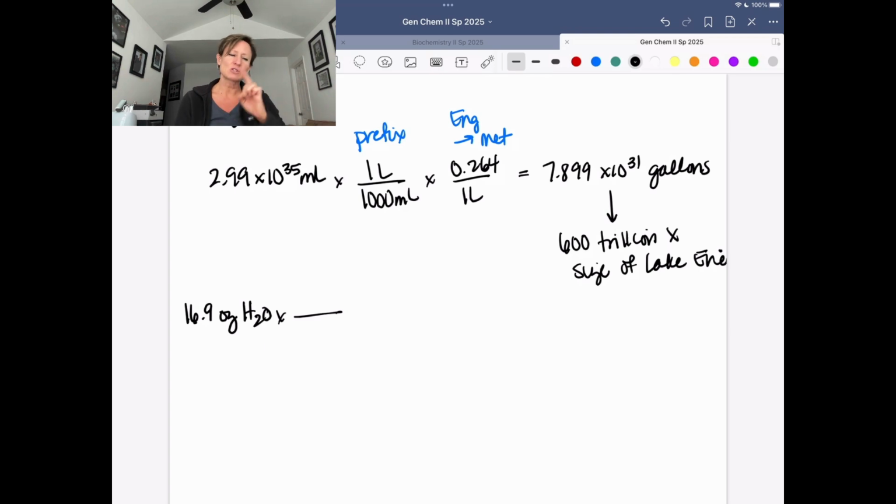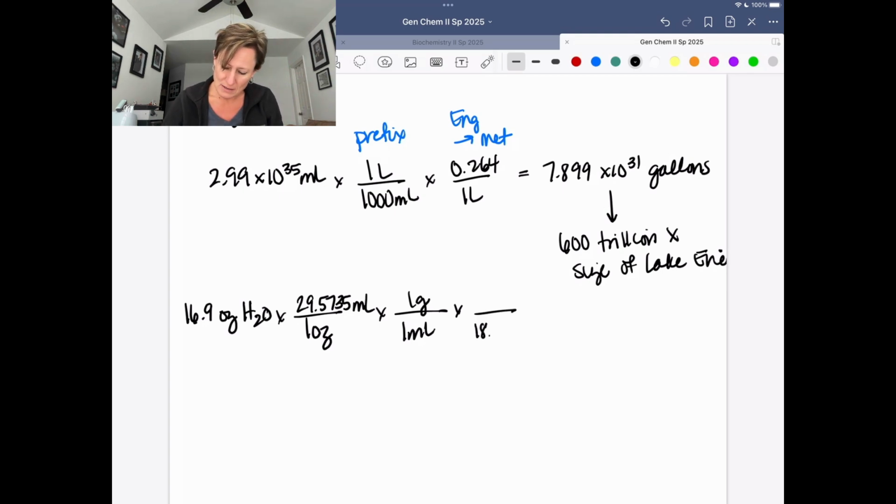I need to convert ounces to milliliters, so that's one of those English to metric conversions. 29.5735 milliliters. Now I'm going to use that same density conversion: a milliliter is a gram. Now I'm going to use a molecular weight. And then finally, Avogadro's number: 1 mole of water contains 6.022 times 10 to the 23rd molecules of water.